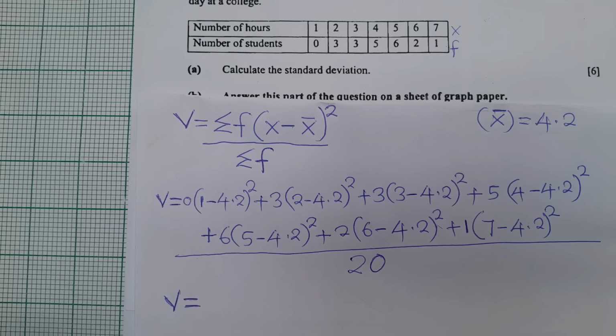Plus 5, open bracket, 4 minus 4.2, close squared.